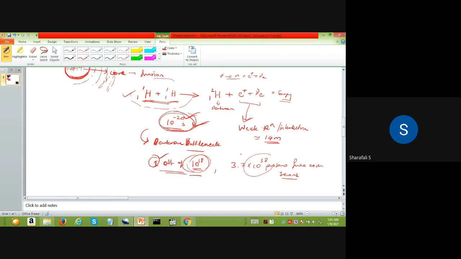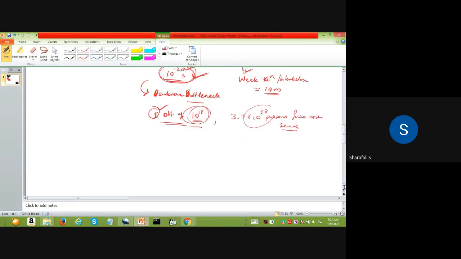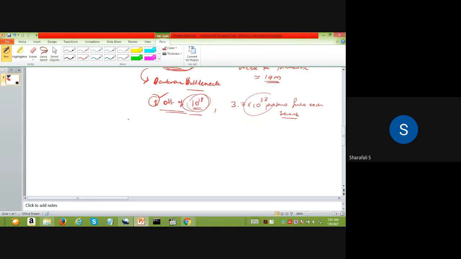So that is the basic first reaction happening in the core region. What we discussed: H11 plus another H11, that is, 2 protons fuse together to form 1 deuteron, a positron, and an electron neutrino, plus energy.